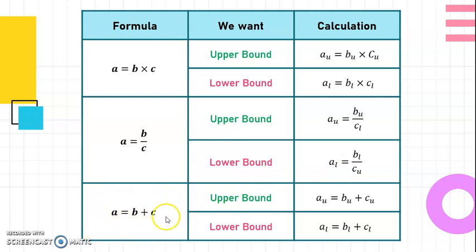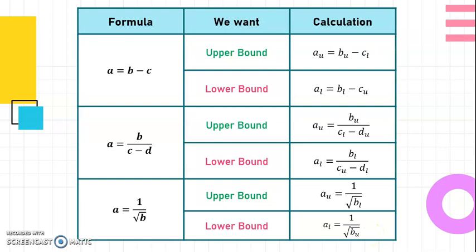For addition, it is similar to multiplication. If you want the upper bound, then all the values you need to use are upper bounds. For the lower bound, all the values you need to use are lower bounds.